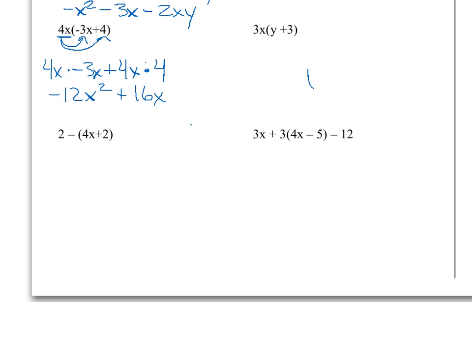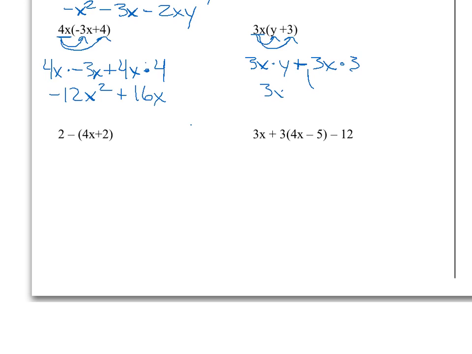All right, over here, again, I have a variable that I'm distributing, so we're going to write that step. I have 3x times y plus 3x times 3. 3x times y, I can't actually write that as anything more succinct than 3xy.